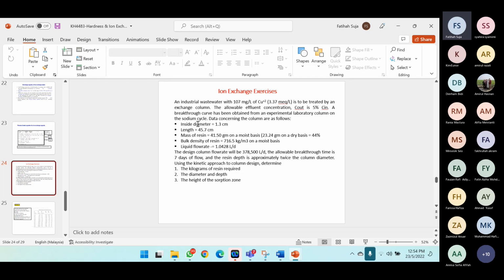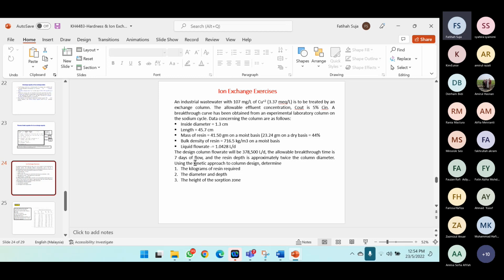So these are the inside diameter of the system, 1.3 centimeter, this small one; length 45.7 centimeter; the mass of resin; the bulk density of resin; and the liquid flow rate. This is a very small, just lab scale system. So the design flow rate will be 378,500 liter per day.